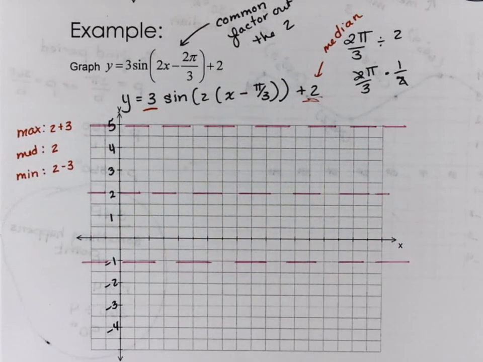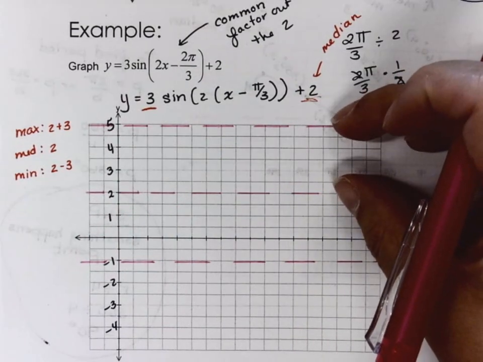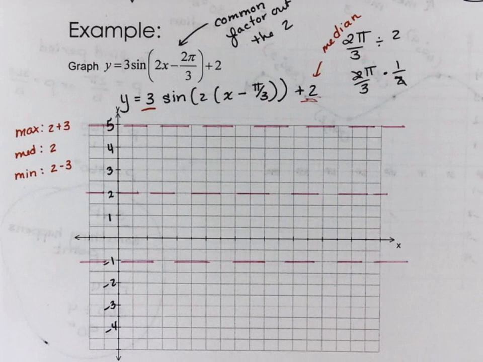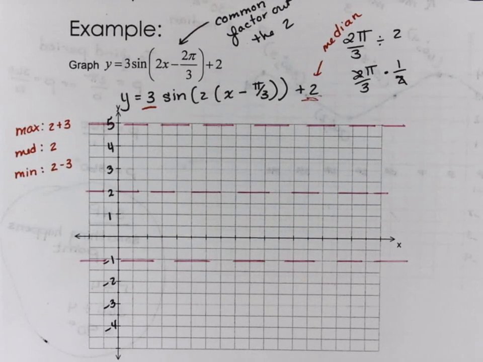And I can stop and look here and say, hey, this space is approximately the same as this space, or count the increments in it, right? Just to make sure nothing's wonky. Again, if you're using the boundaries, you need to have those dashed lines there. So if this were a 1-mark question and it said, tell me what the median, max, and min is, you don't have to graph it. You can just look at the equation and do it.